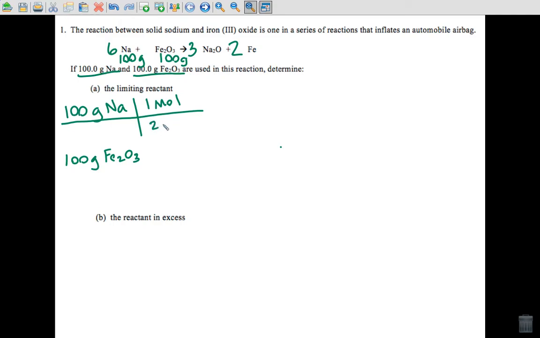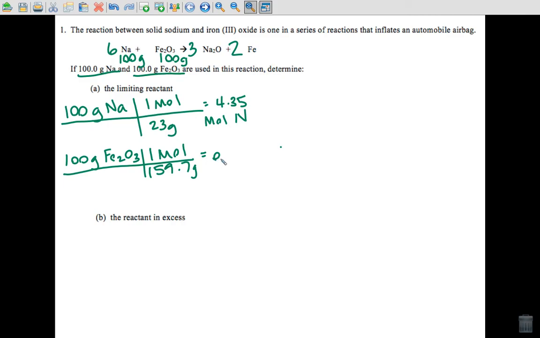So we have 23 for sodium, and then we have 159.7 for Fe2O3. You're going to divide. You can go ahead and round to 2 decimal places. We did round to 3 when we were doing empirical molecular, but you don't need to do that right now.